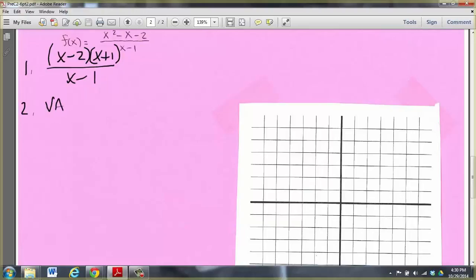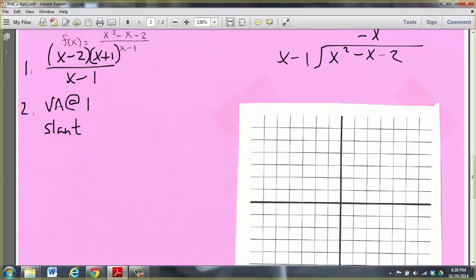We have a vertical asymptote at 1, and we have a slant. So we have to take x squared minus x minus 2 and divide that by x minus 1.